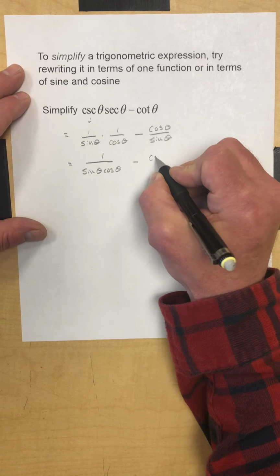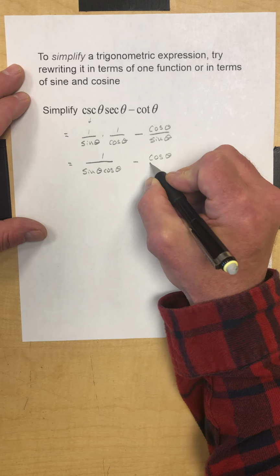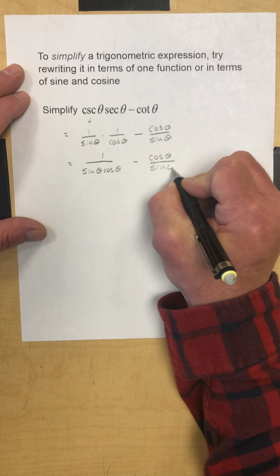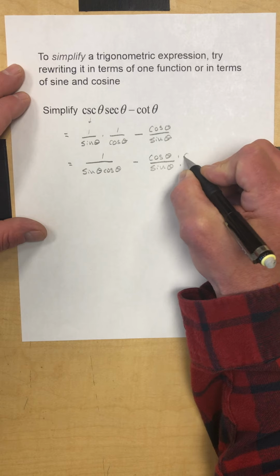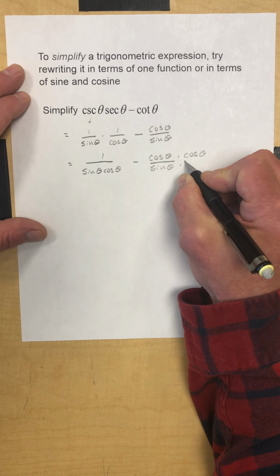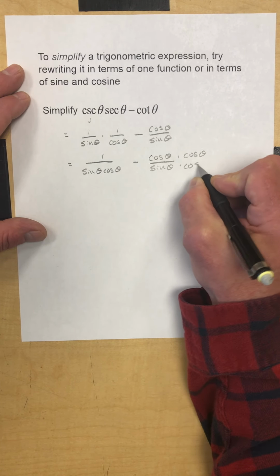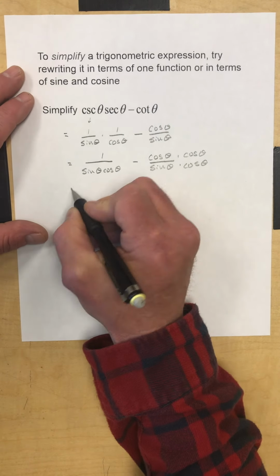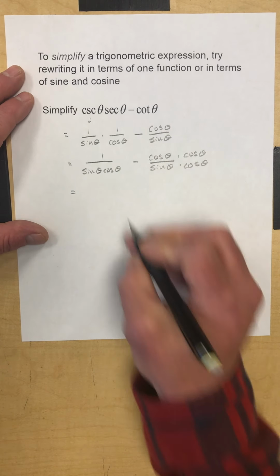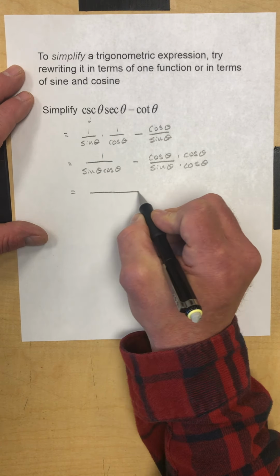So I'd have to take this cosine of theta over sine of theta and multiply above and below by cosine of theta. So it looks like our common denominator is going to be sine of theta times cosine of theta.